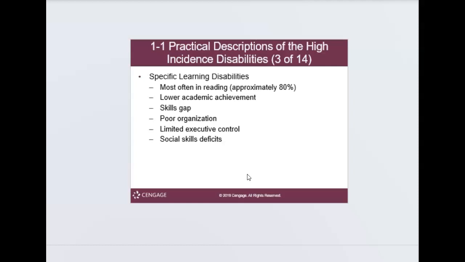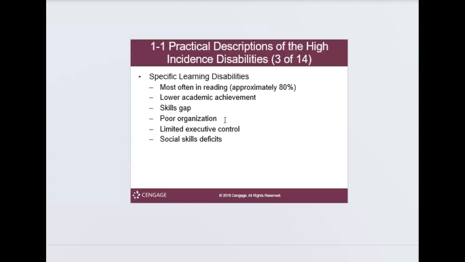Okay, there are also SLDs, specific learning disabilities in math and written expression. Again, typically they're diagnosed in reading, but there are other areas where a student could have a specific learning disability. Again, that lower academic achievement, they might have poor organization or poor organizational skills.